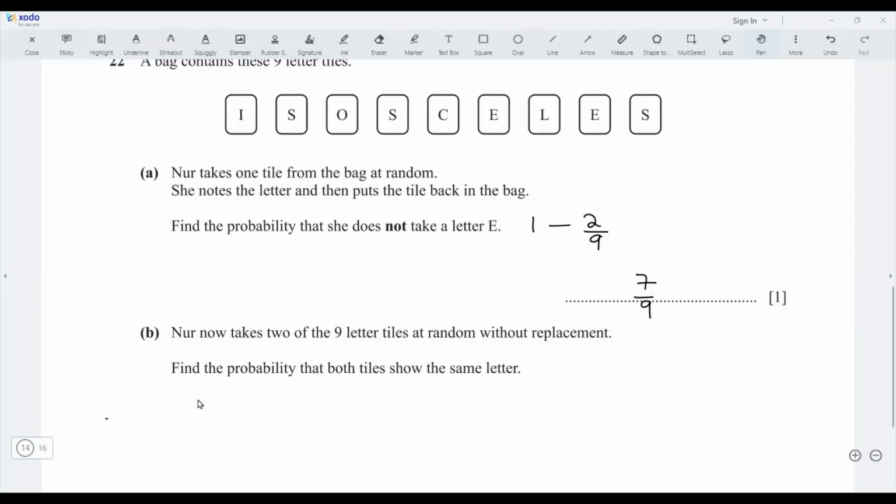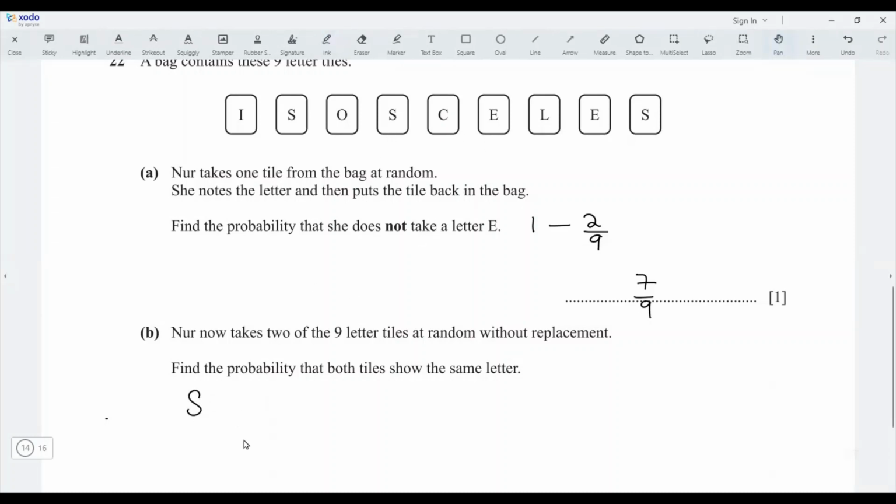We can write down S, and the other letter which is repeating is E. So what about the probability? Because these two are the events that are having the same letter tiles. We can see clearly the tiles of S is basically 3 and overall tiles are 9. Similarly for E, it will be 2 over 9.